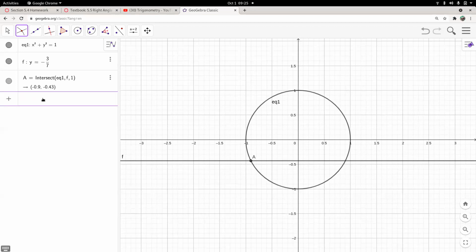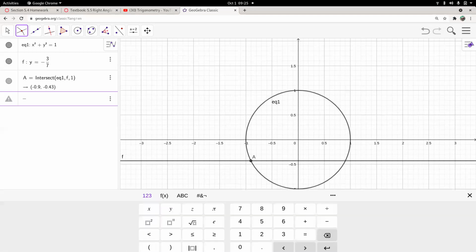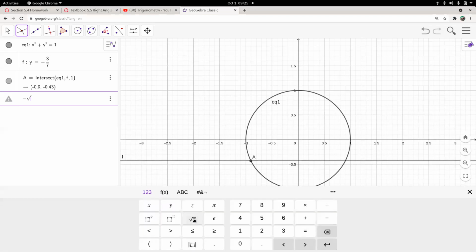And so the negative 0.43, right, that's my y value, negative 3/7 to 2 decimal places. And this one right there should be that square root of 40 over 7, but negative. So let's just check. Negative square root of 40. Get outside the root with the arrow and then divide by 7.